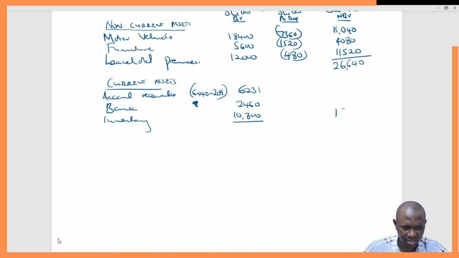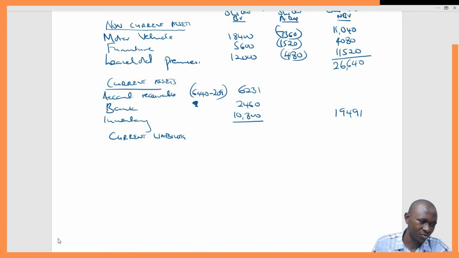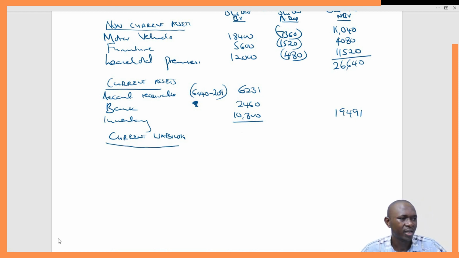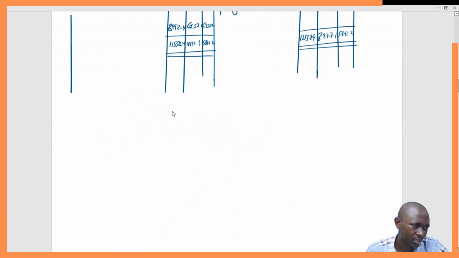When we less the current liabilities, we get the working capital. Non-current assets plus current assets minus current liabilities, we get net capital employed, which will now be compared with the financed by section.